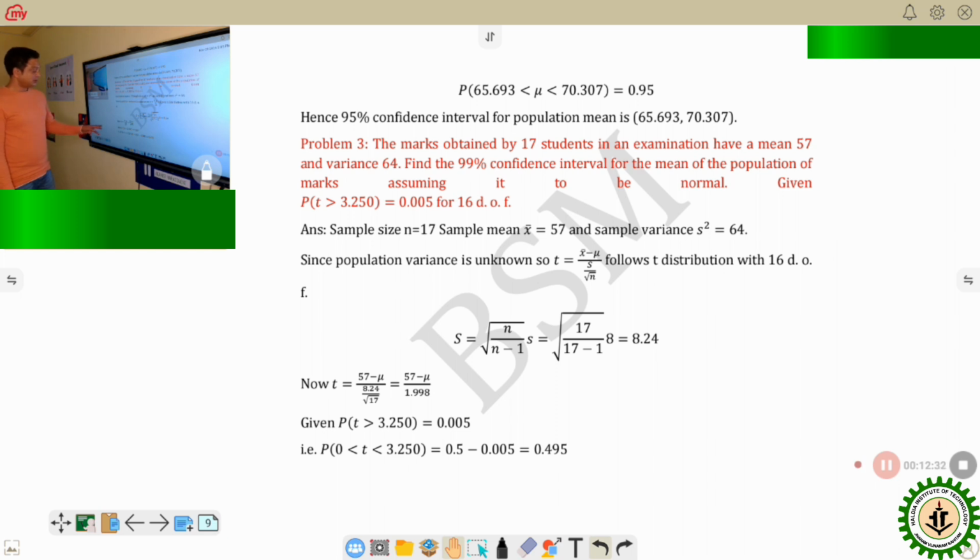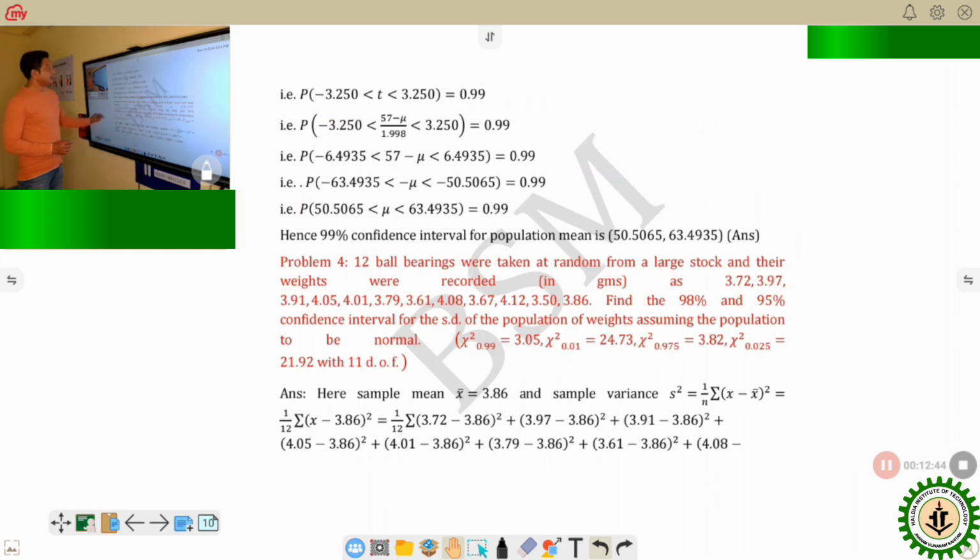So from 0 to 3.250, it is 0.5 on the right side minus this portion 0.05, so 0.495, and then double it, 0.495 into 2, gives 0.99. Put 57 minus mu by this value, keep the mu in the middle, and the rest of the terms on the left and right side, so you are getting 0.99 as the probability, and that is 99% confidence.